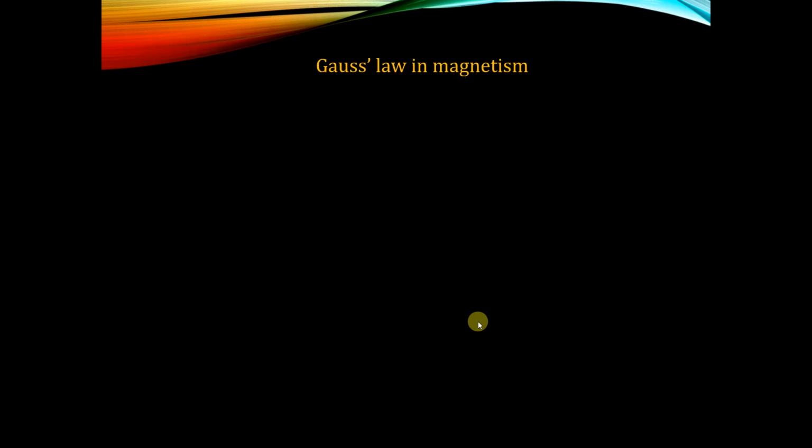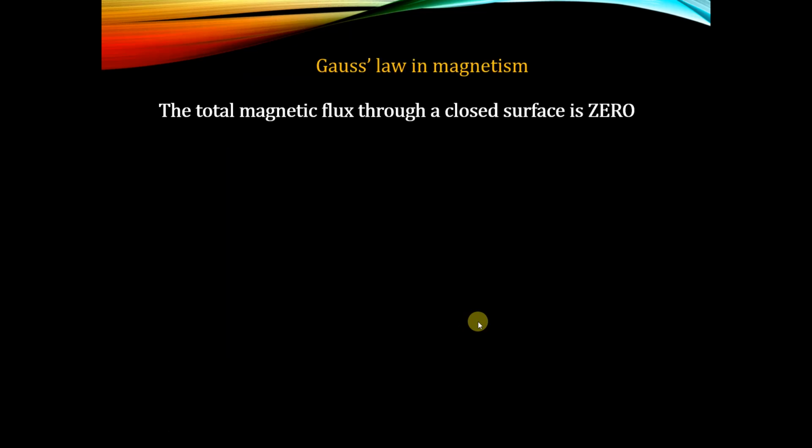So now let's move into the Gauss law in magnetism. The total magnetic flux through a closed surface is going to be 0. In the case of electric flux, in the Gauss law for electrostatics, we had a total flux resulting in Q enclosed by epsilon naught.